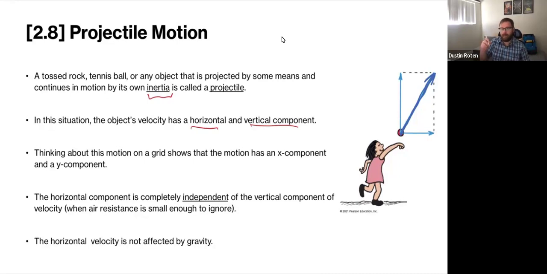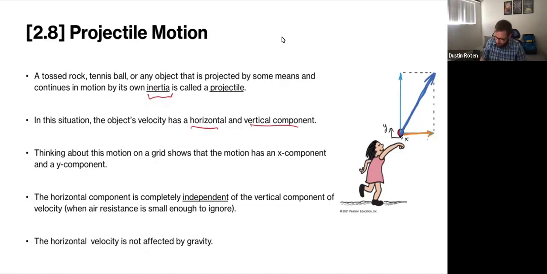And the whole idea is that if we were to draw a coordinate system and have an x direction and a y direction, the whole idea of this horizontal and vertical component is essentially, in the x direction, if we just look at how this ball is moving from side to side, we don't care if it's going up or down, we just track what it's doing from left to right.